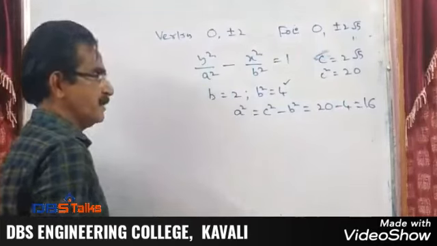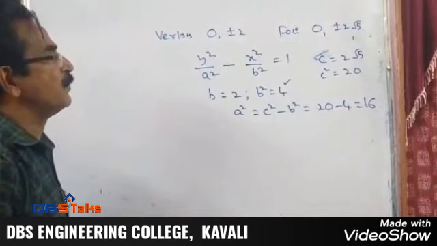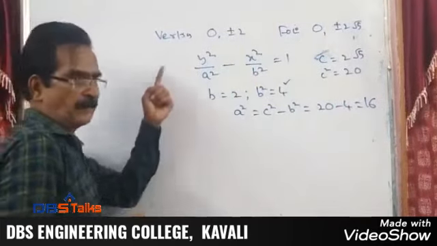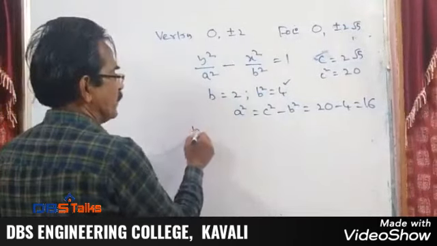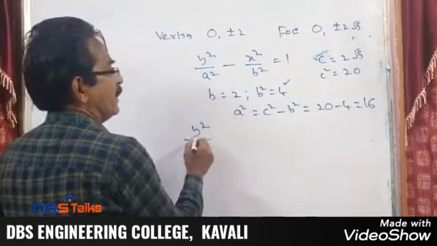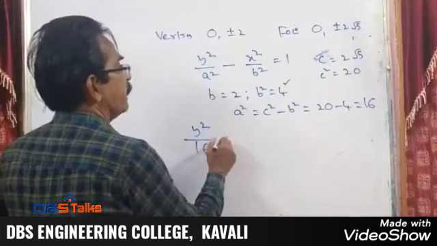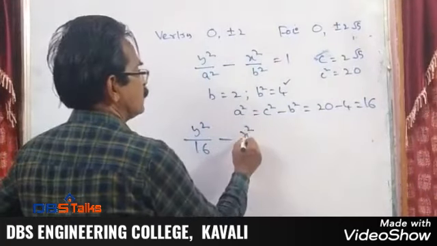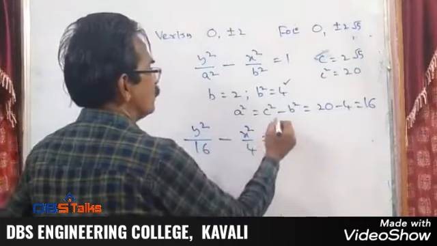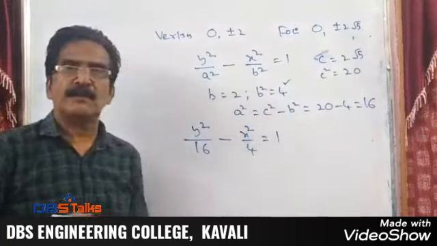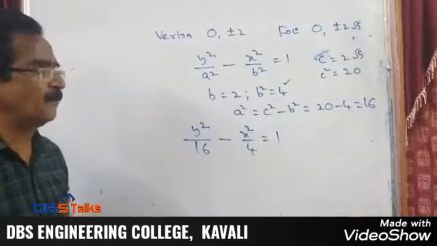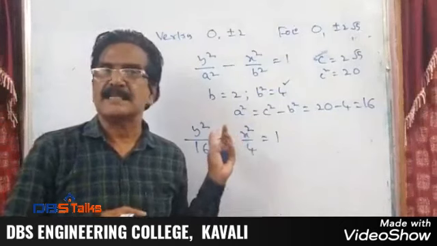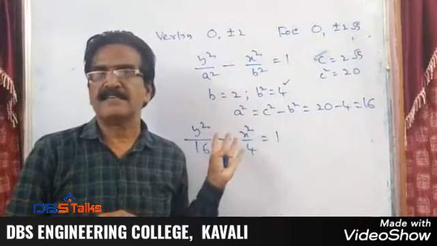We know a² and b², so the equation is y²/16 minus x²/4 equals 1. This is the standard required equation.